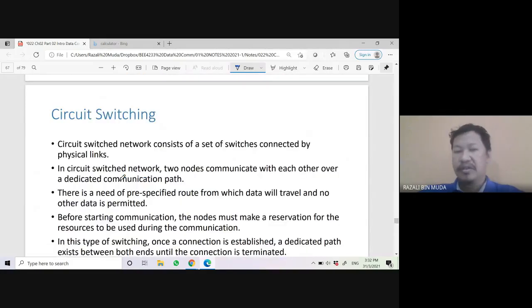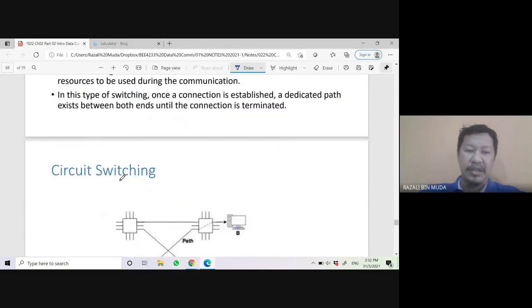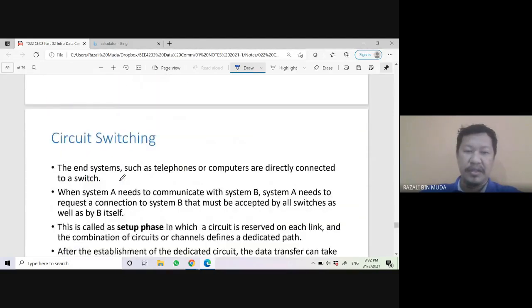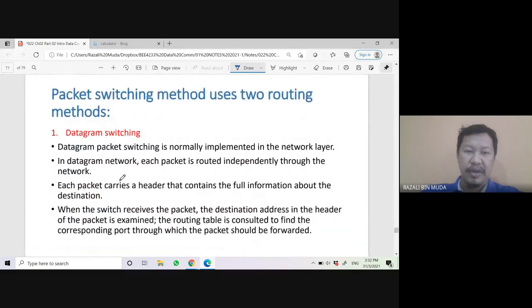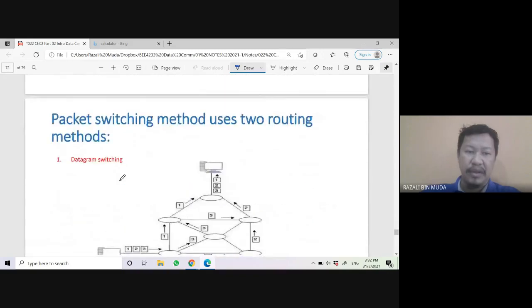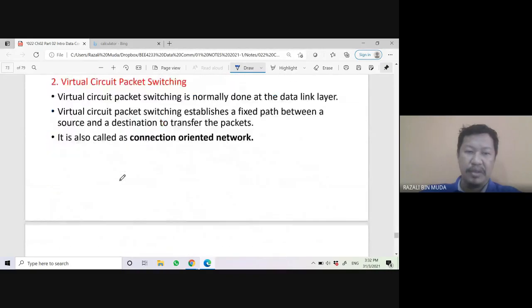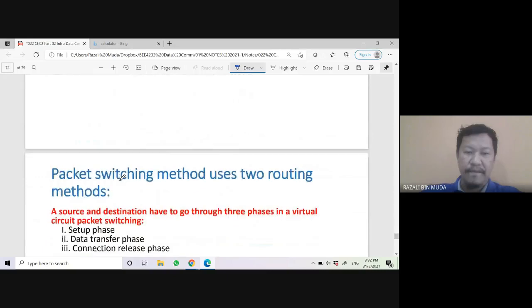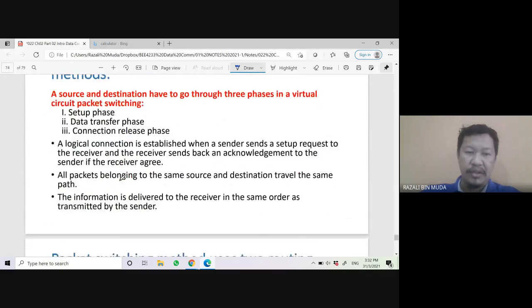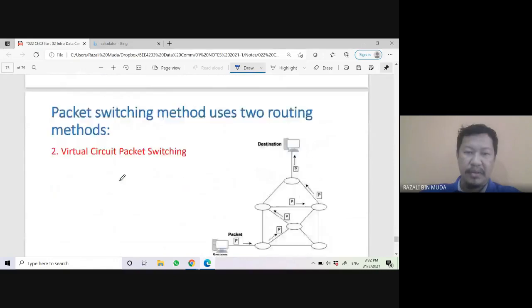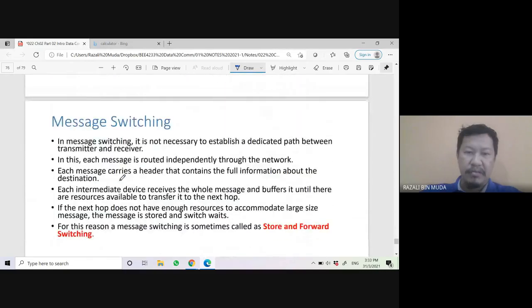You can read about circuit switching here. The packet switching method uses 2 routing methods, datagram and virtual circuit packet. Then message switching.